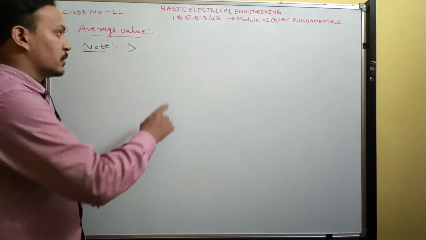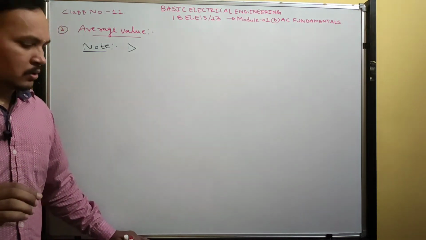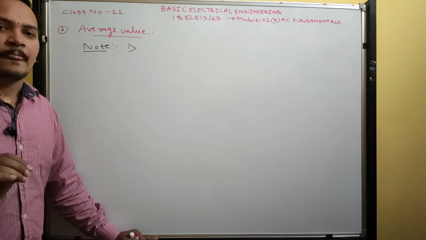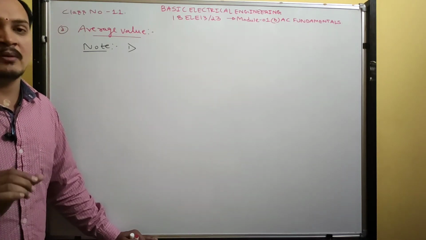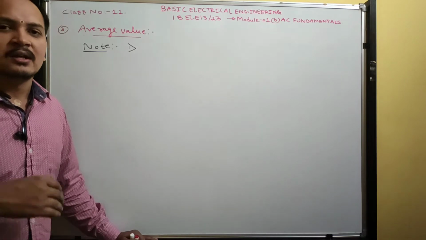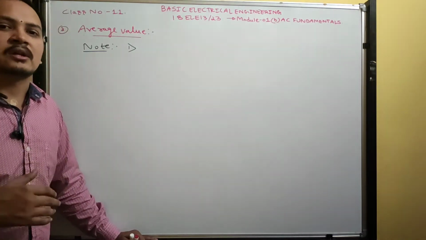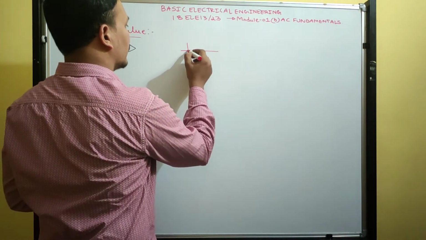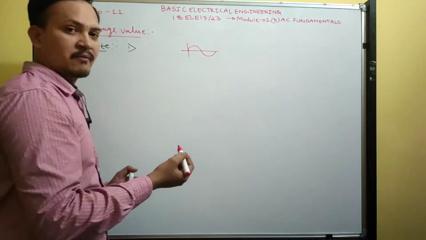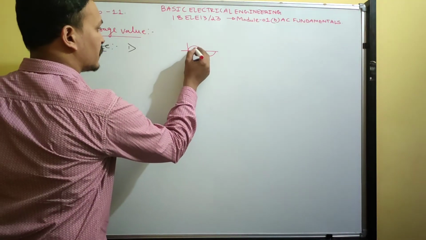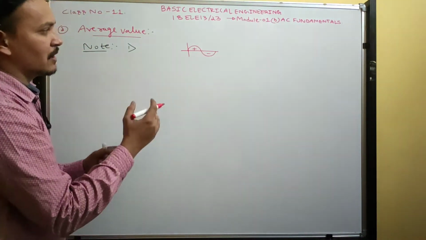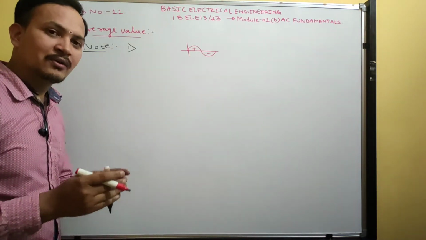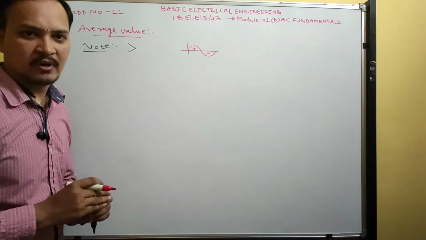Once again I am telling, to compute average value of symmetric waveform, we have to consider only half cycle. What do you mean by symmetric waveform? It is having equal set of positive and equal set of negative values. Example you can write pure sine wave. It is having symmetric waveform. These are all positive values, these are all negative values, equal and opposite, cancel each other. Under such conditions, you have to take only half cycle to compute average value.